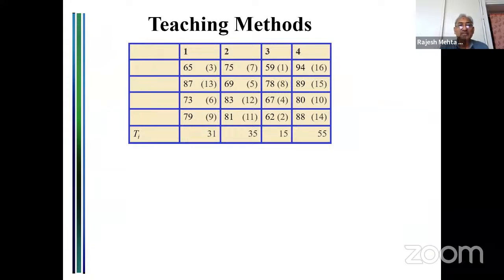Then comes 65, which is given rank 3. Then comes 67, so 4. Similarly, we are going higher. Right? 5, then 6, 7, then 8, 9, here 79, and 10 is over here, right?